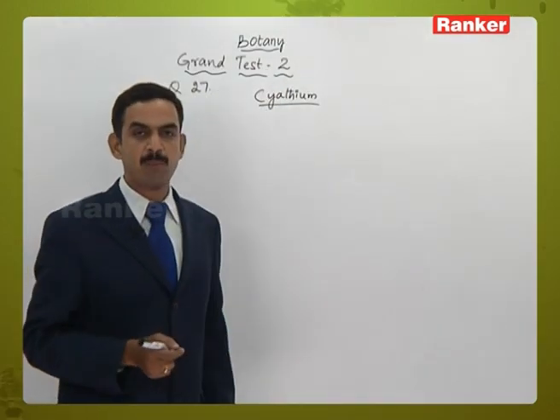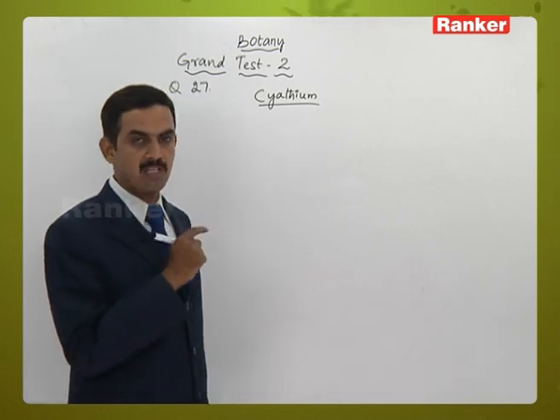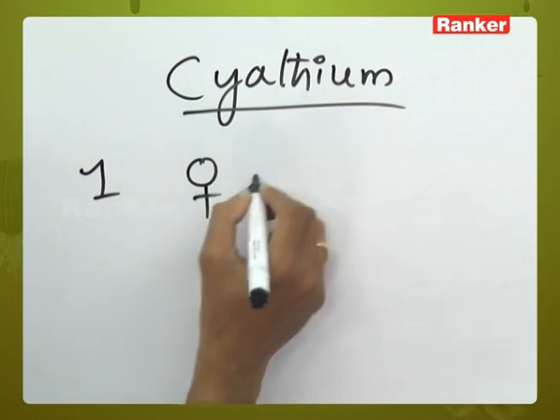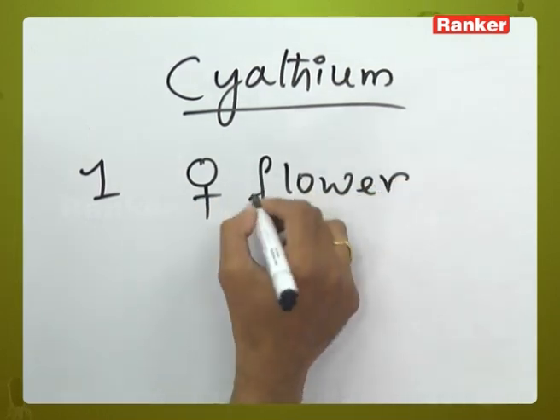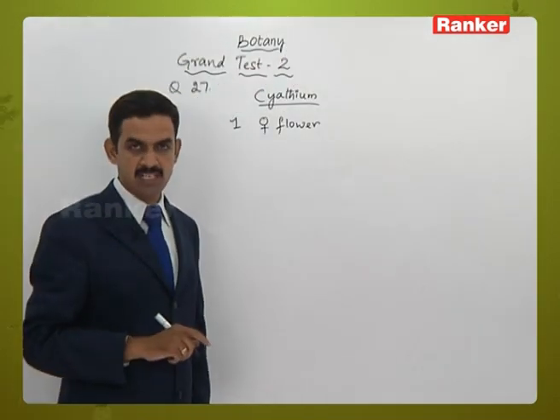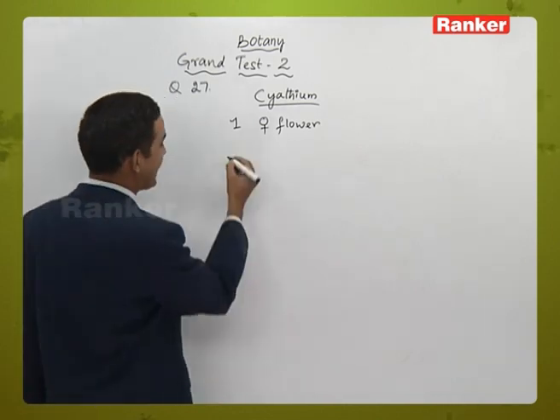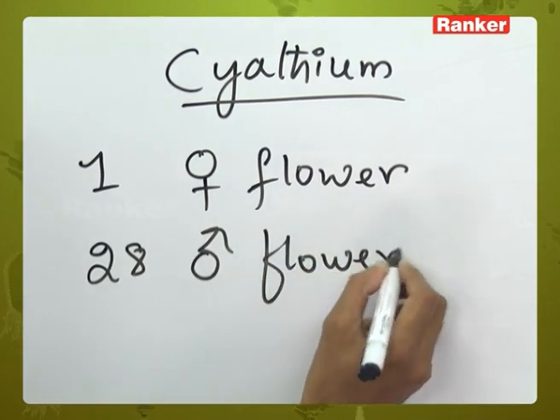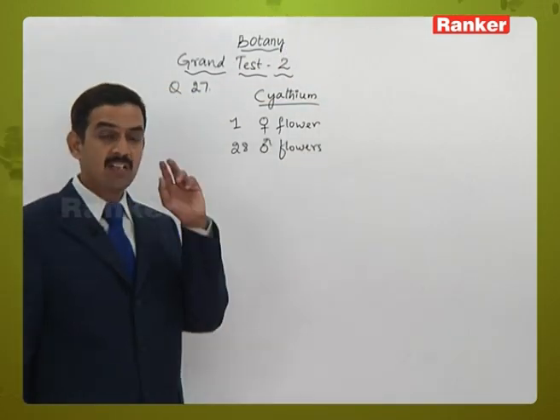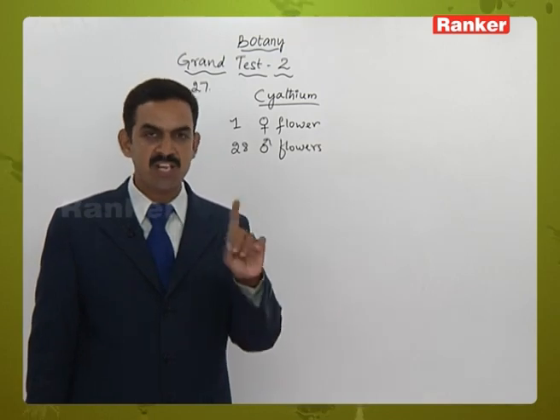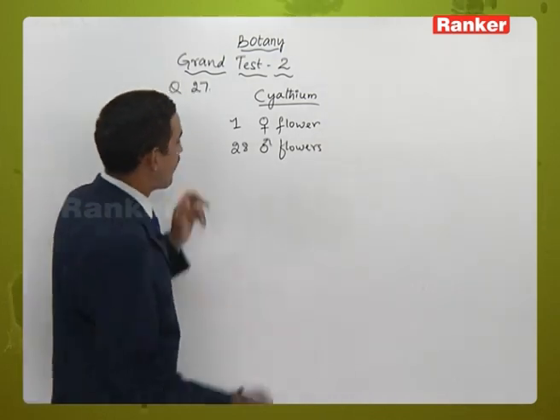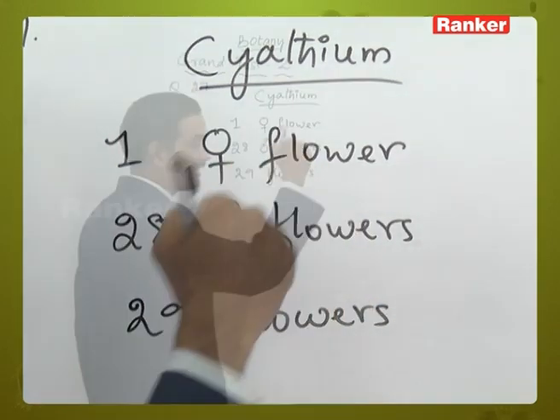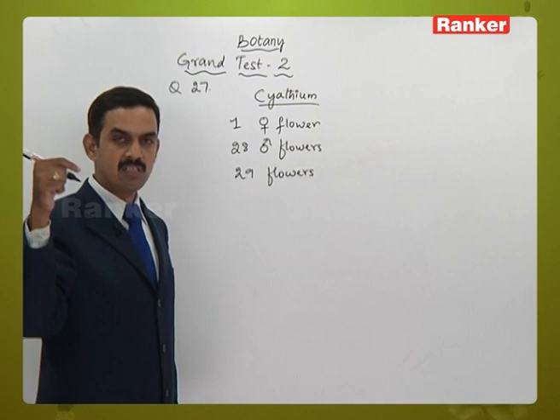This inflorescence appears like a single flower, and in this one a female flower is present and many male flowers are present. In the question, 28 male flowers are present, but the number of female flowers is always 1 only. So the total number of flowers here is 29 unisexual flowers in the given cyathium.